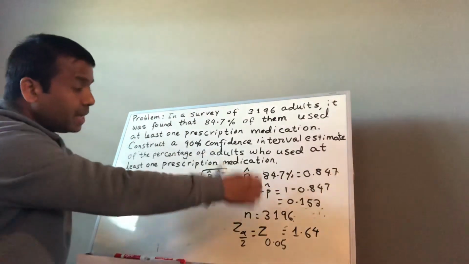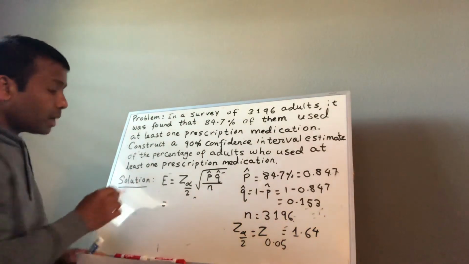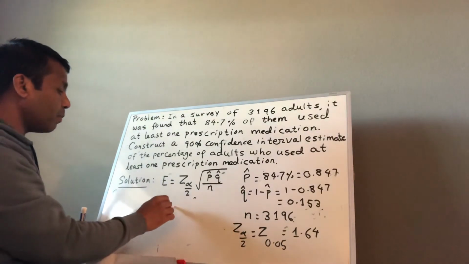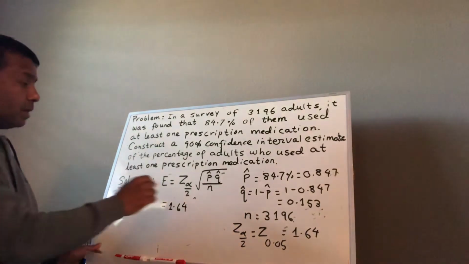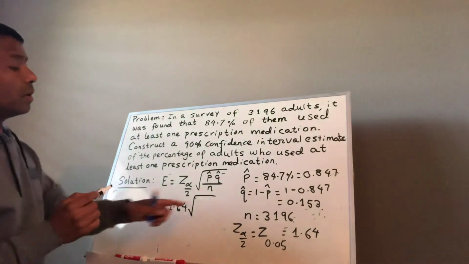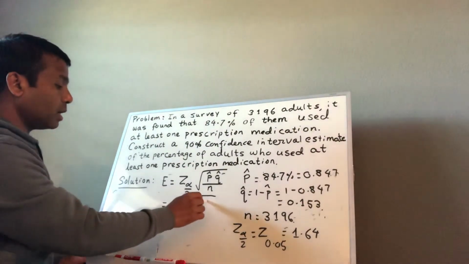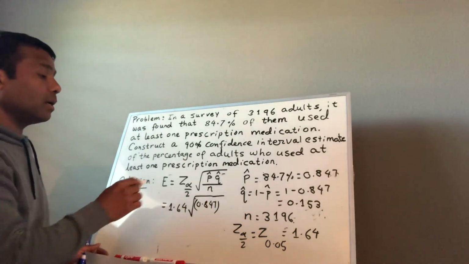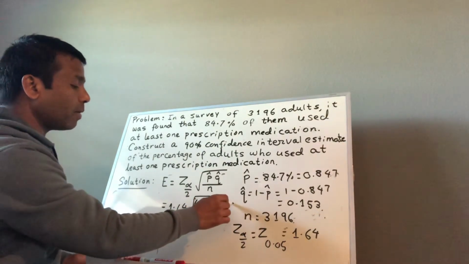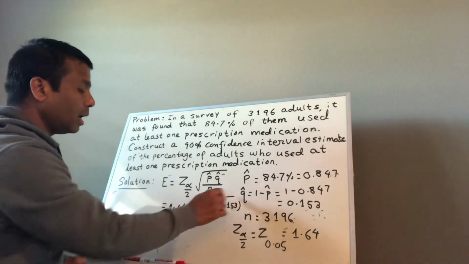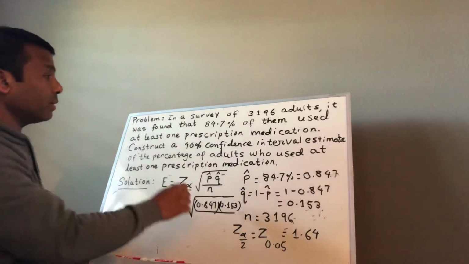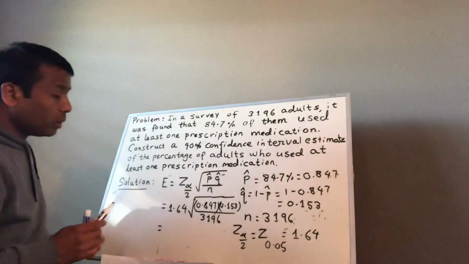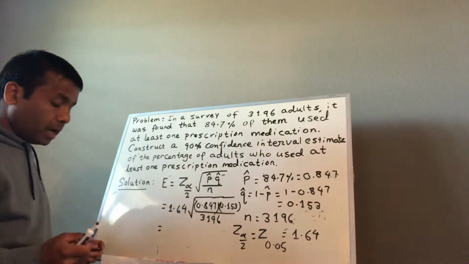So we will get Z.05 is 1.64, and radical, what is my P hat? 0.847 times, what is my Q hat? My Q hat is 0.153, right? And divided by, what is my N? 3,196.